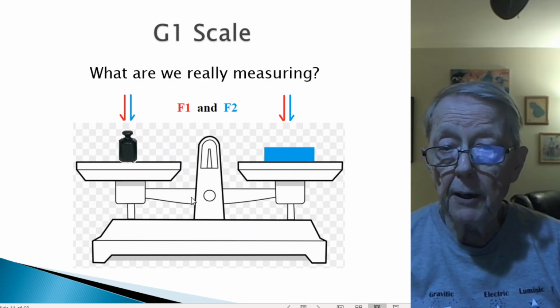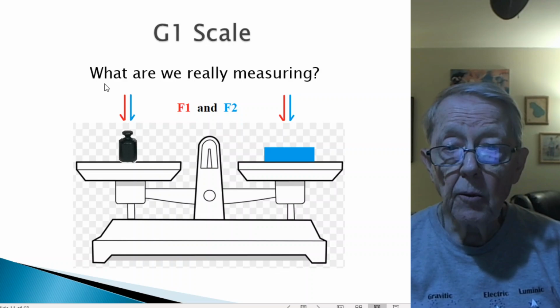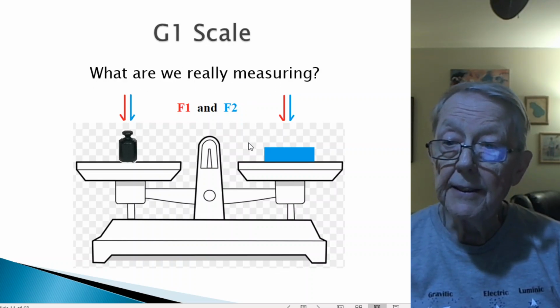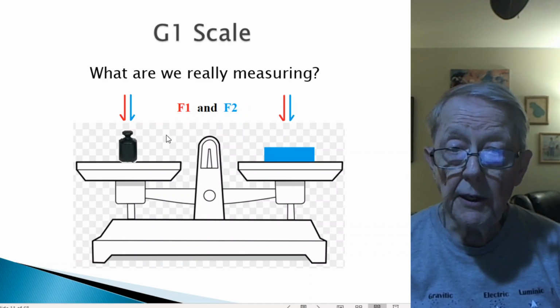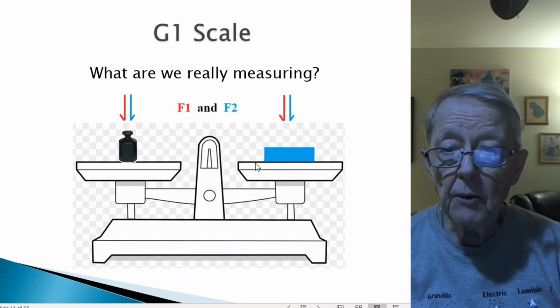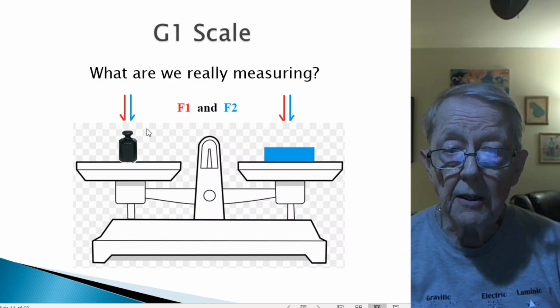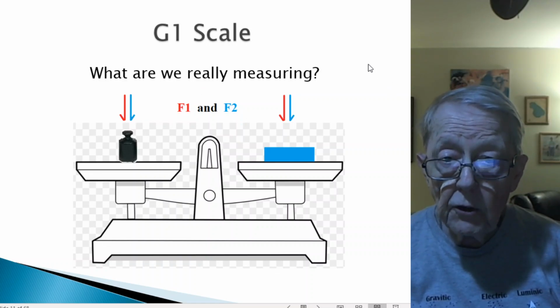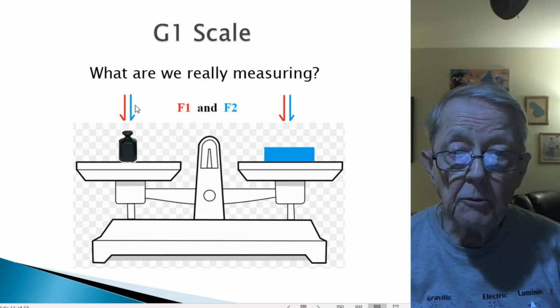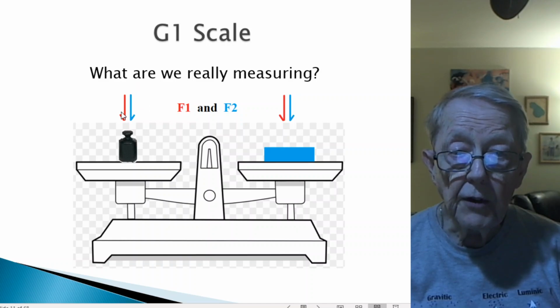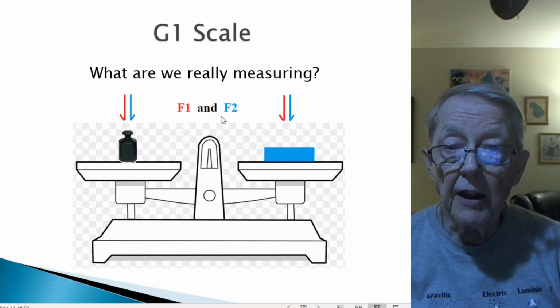See, here's just a picture of a scale. And what are we really measuring here? This gets to a key question. What are we really measuring when we measure the prism using standard weights on a scale? G2 forces all the way around, and I'm just highlighting the two net forces, F1 and F2, that are imposed on here.